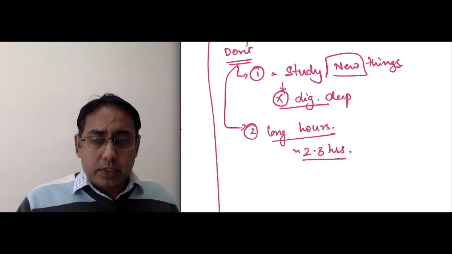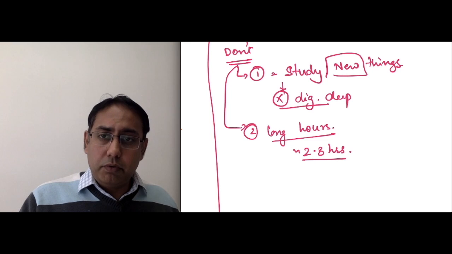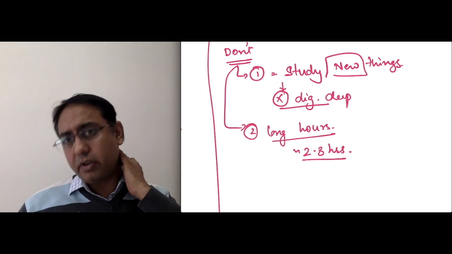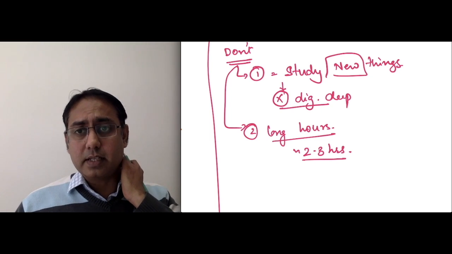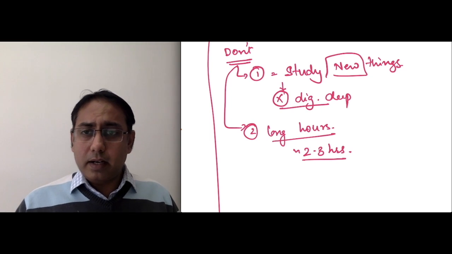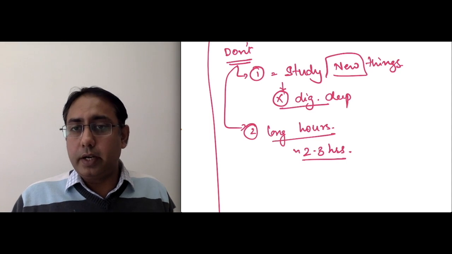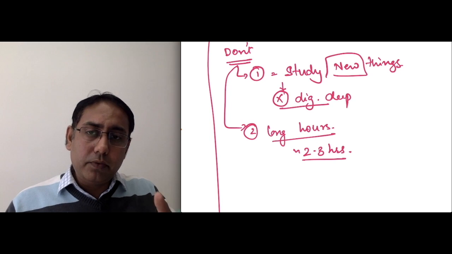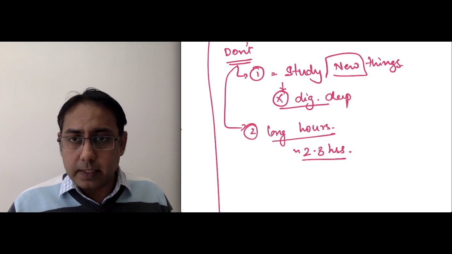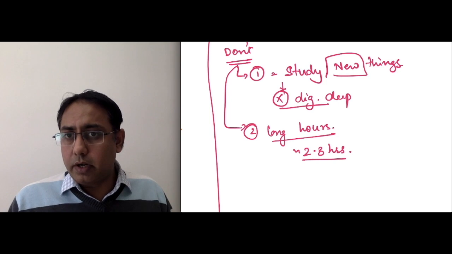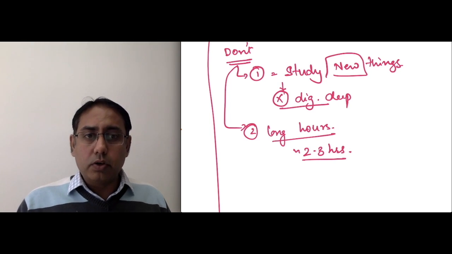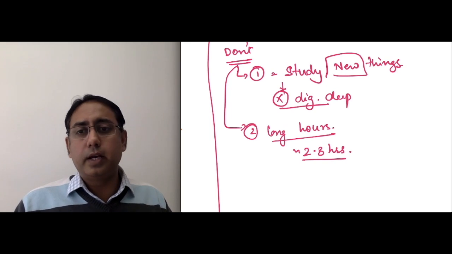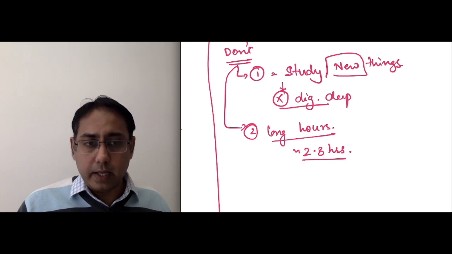Take frequent breaks for bathing, food, or recreation, or just stand up and rotate your shoulders, rotate your neck, do some cervical exercises, just move your back, and that'll keep you fresh and rejuvenated. Sitting for long hours will only make you more dull, and it will decrease your efficiency. Your computer also needs to shut down after some time, right? So take small breaks in between, and 2 to 3 hours should be a reasonable time for you.